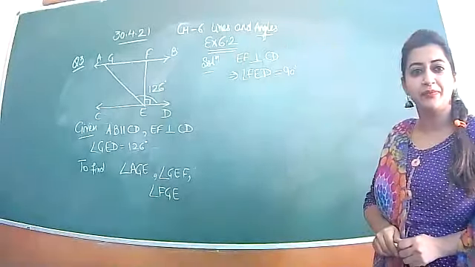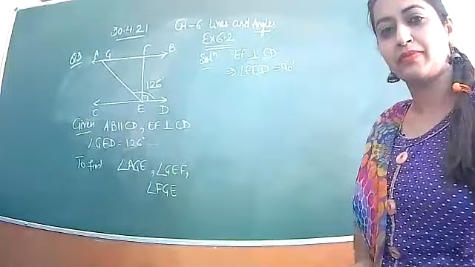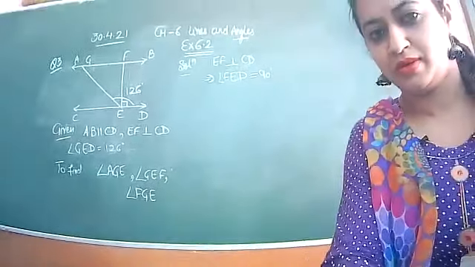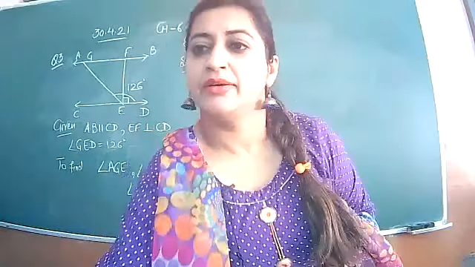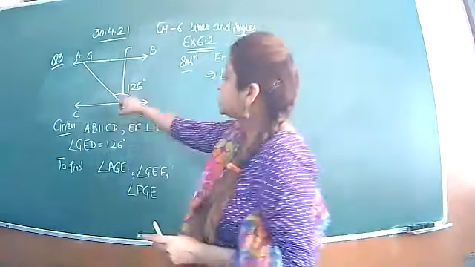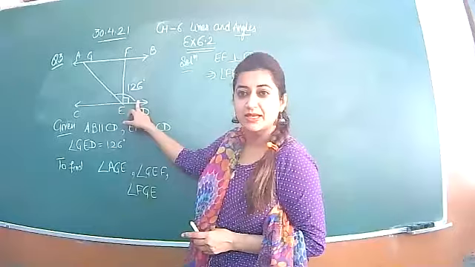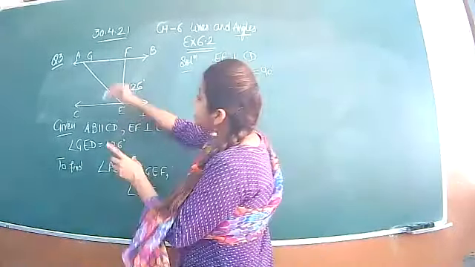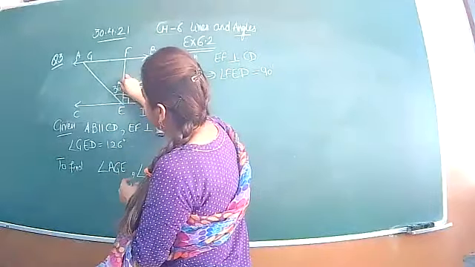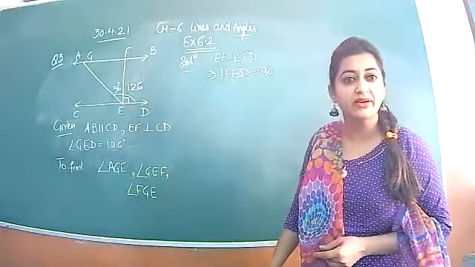Is it clear, beta? This angle is 90 and this angle complete is 126. So if you subtract 90 from 126, this remaining angle will be 36 degrees. Is it clear?